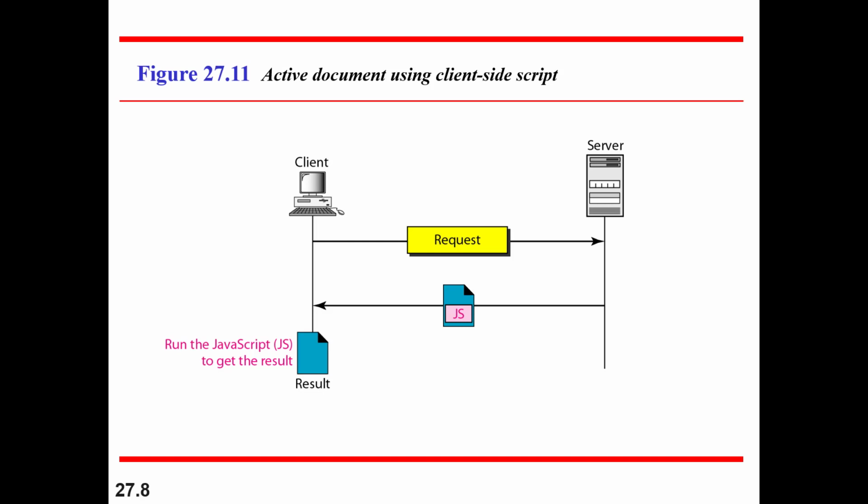When a browser requests an active document, the server sends a copy of that document or script. The document is then run at the client side. HTML, CSS, and JavaScript are used to develop static and active documents. In this course, we will focus on these programming languages.